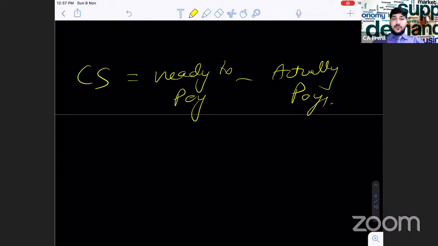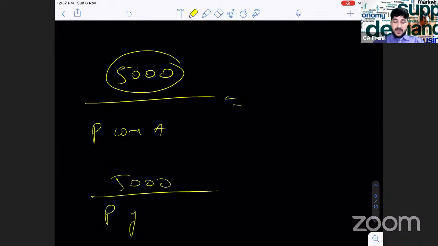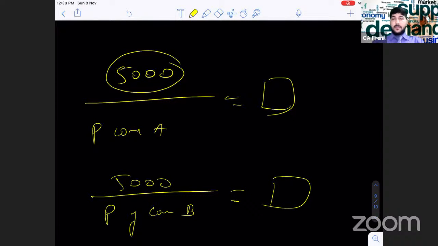How is the budget line drawn? I will calculate my total budget. For example, it could be 5,000 rupees divided by the price of commodity A, and that is how much I can purchase. Same thing I will do, 5,000 rupees divided by the price of commodity B, and I will get these two numbers and join them in the graph.